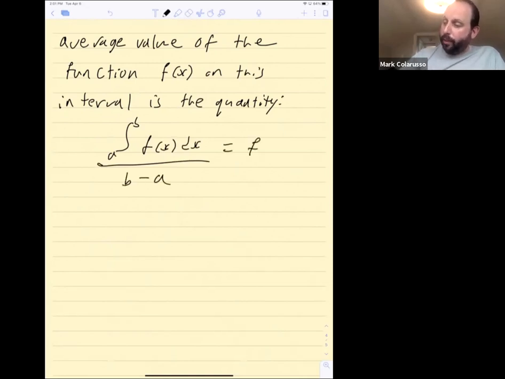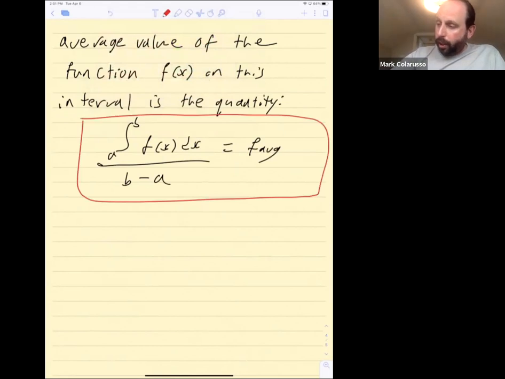So this is f average, the average value on the closed interval [a, b].